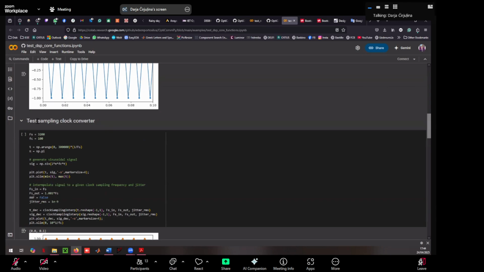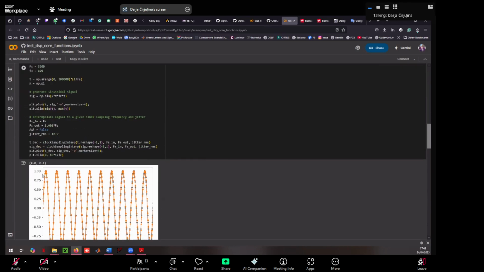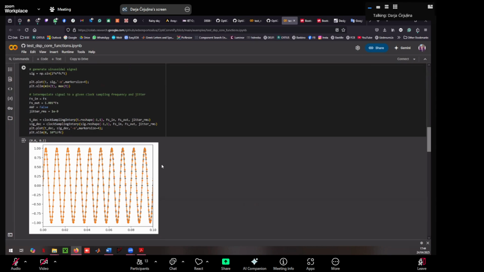The name is test sampling clock converter. You can see that the blue signal is, for example, the original signal, and then we have the received orange signal, and in the beginning the samples are approximately at the same place, but then we have a mismatch.